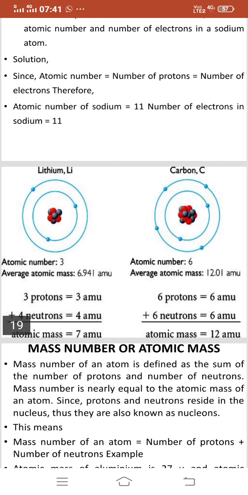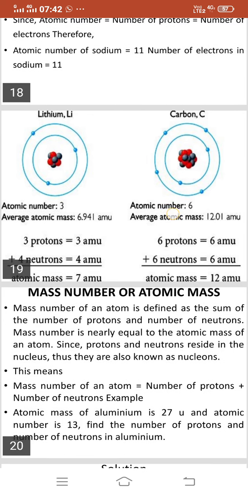Now you can see the various atom structures like lithium and carbon. The atomic number of lithium is 3 and the average atomic mass of lithium is 6.941 AMU. The atomic number of carbon is 6 and the average atomic mass of carbon is 12.01 AMU.